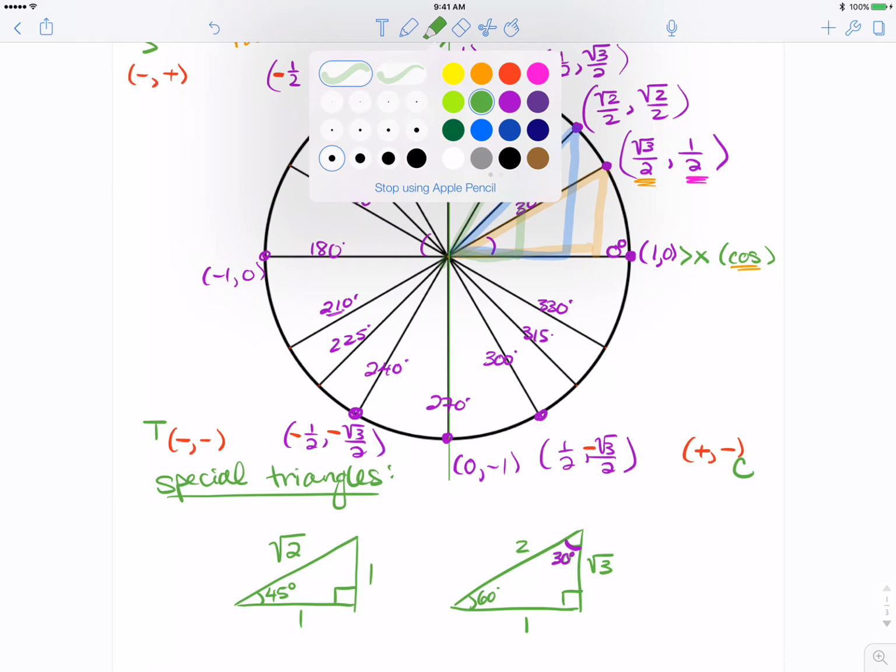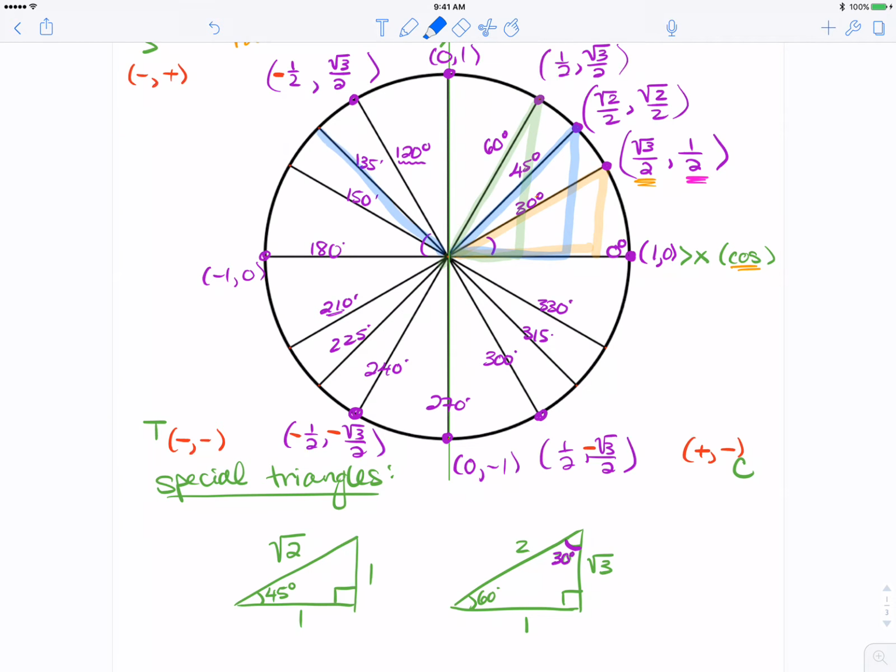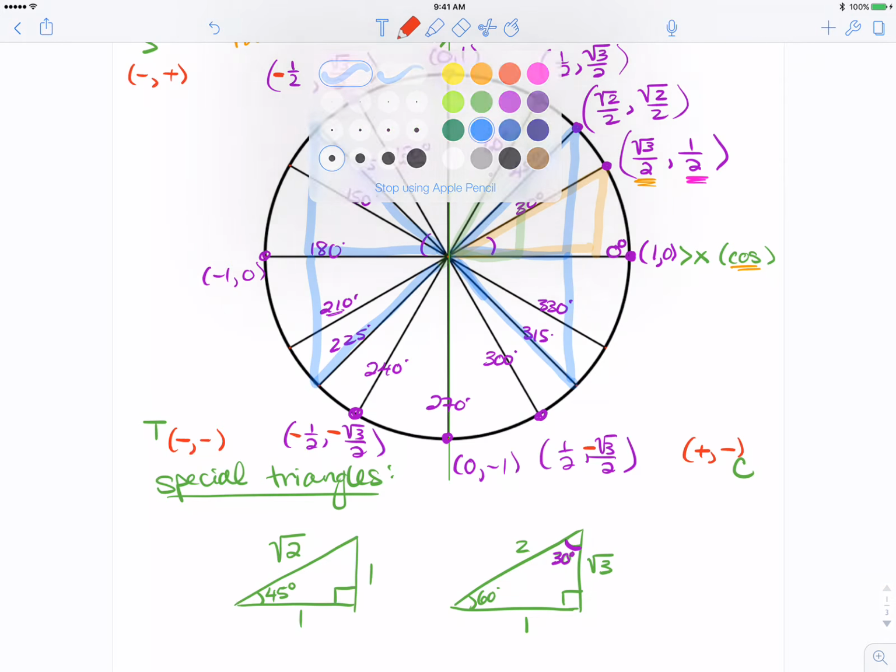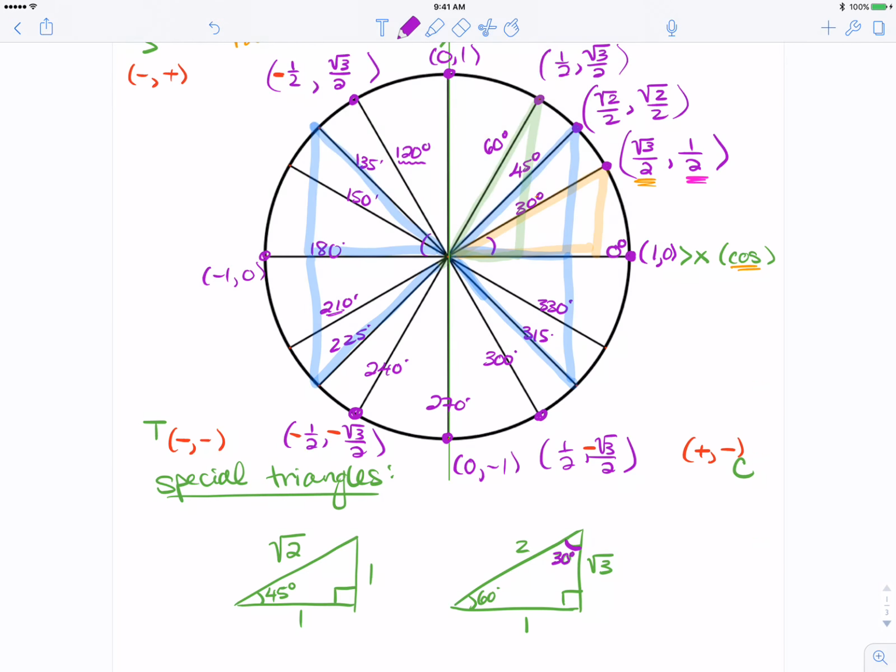I can now look for the blue triangles. They're the middle ones. So all of my middle ratios are the same. So we go around and we write the middle ratio in, root 2 over 2 for cosine of 135 in this quadrant, comma root 2 over 2.